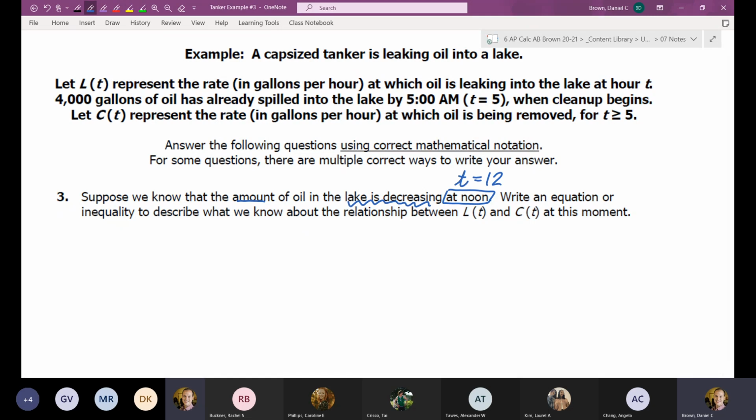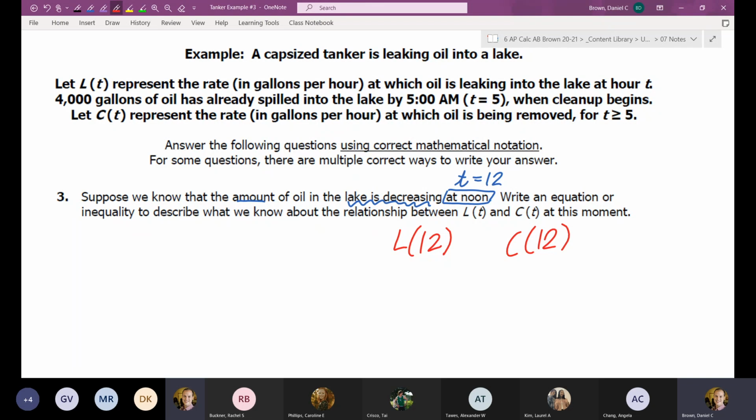So the non-calculus way of doing this one, I think, is the more obvious one. So I have the rate that oil is leaking at 8, not 8, let me try that again, at 12. The rate the oil is leaking at 12, the rate the oil is being cleaned up at 12. If the amount of oil is decreasing, which one of those is going to be happening faster, the leaking or the cleaning up?